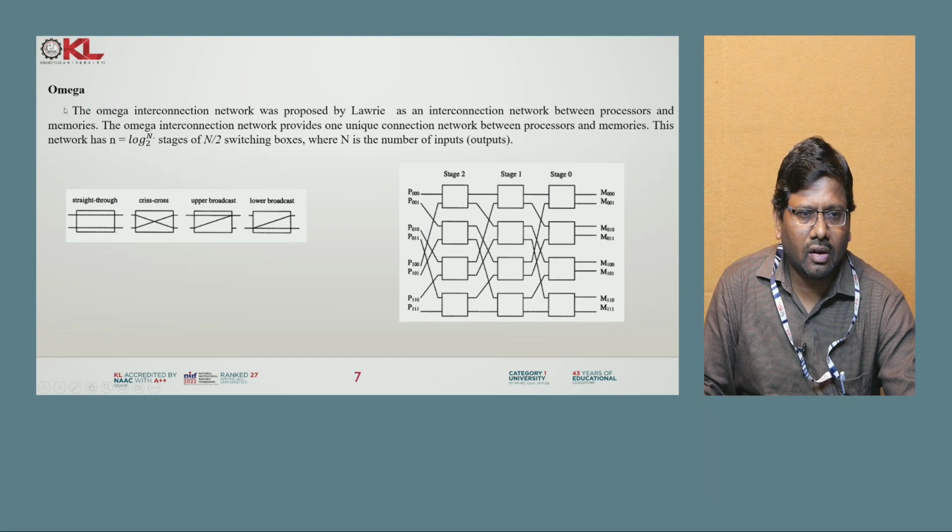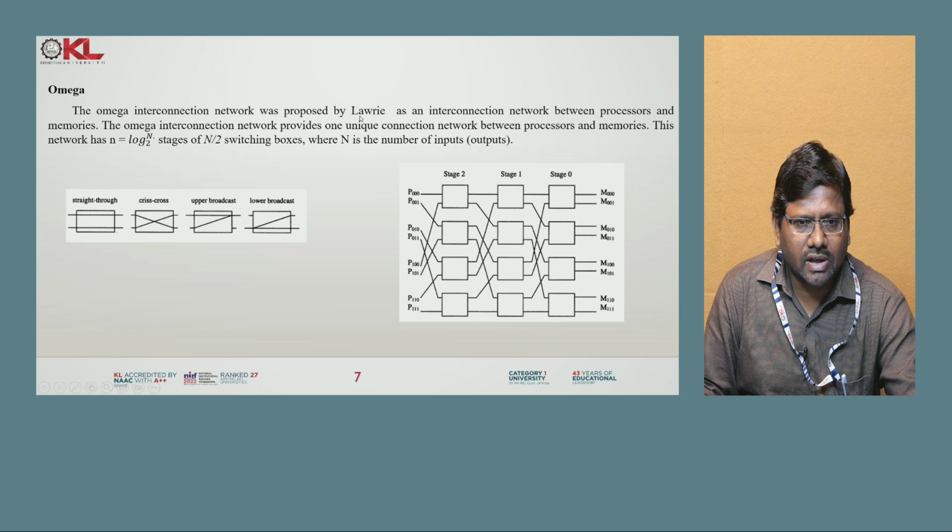Next, omega. In an omega kind of interconnection, what do we observe? That was developed by the scientist Lawrie as an interconnection network between processors and memories. So here the interconnection is carried out between processor to processor and processor to memory. Here we find different sorts of connections. If we observe this diagram, that is a straight through connection.